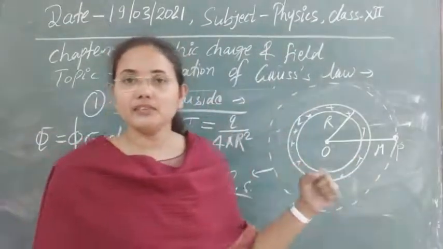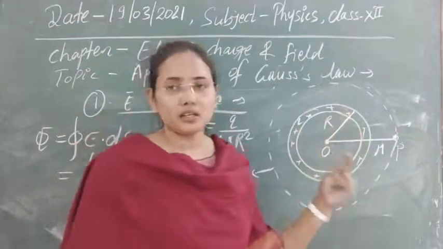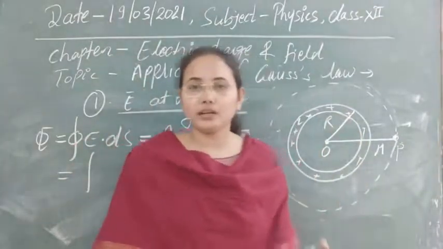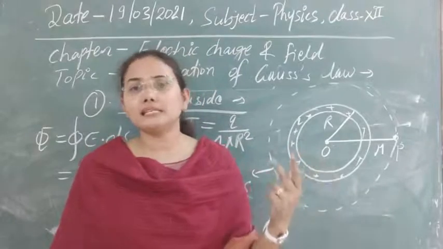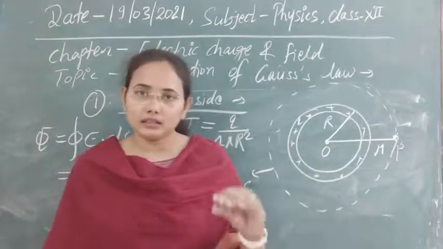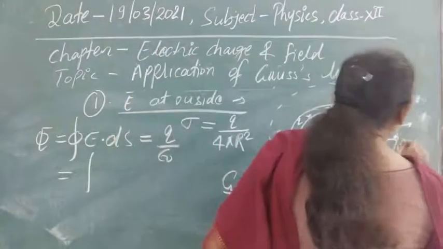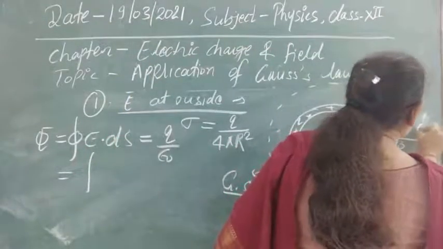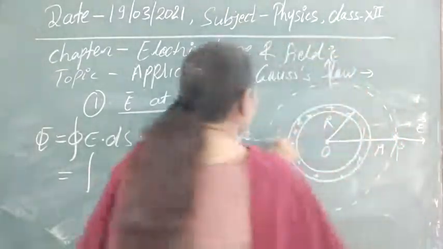Again, the direction of the electric field will be outward as we have taken positive charge. One more thing, if you are confused, if we take negative charge, then the direction will be inward, but the normal component will remain the same. So at any point, if you draw the normal, that normal represents the direction of the electric field, like in this way.